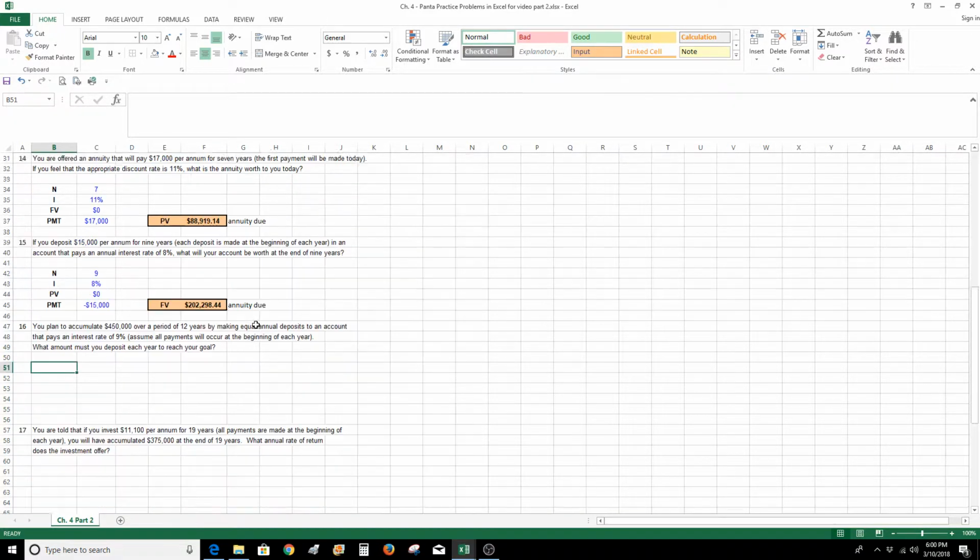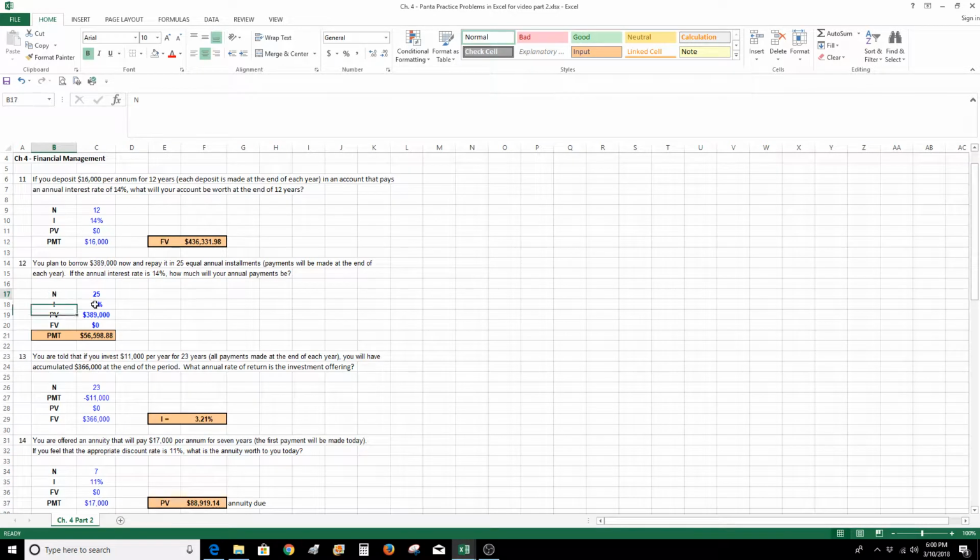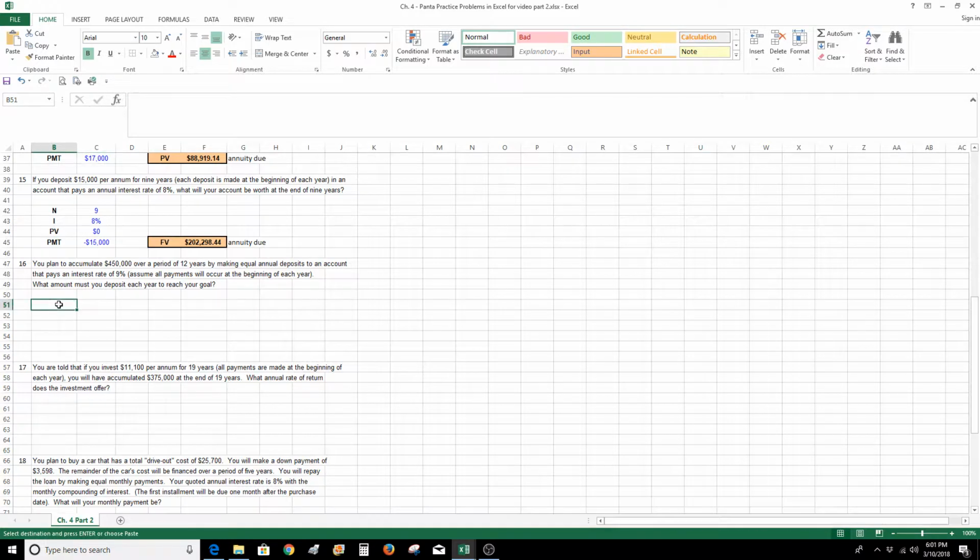So you are looking at payments. So we're going to go up here, find one that has payment. Right click and paste. So your future value is $450,000 over a period of 12 years that pays an interest rate of 9%.